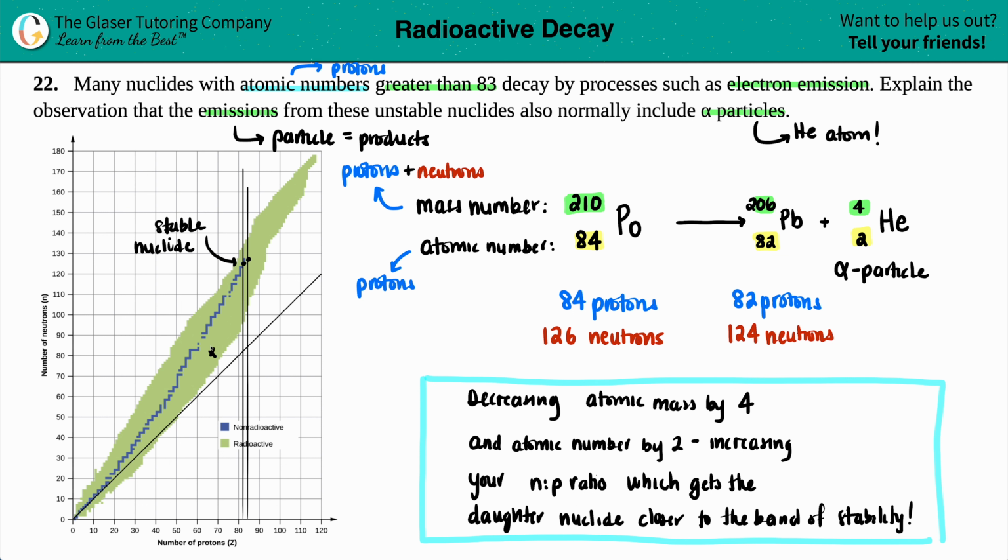So for something over here, alpha emission will always bring it up. I hope this makes sense. And then in other cases like ours, it will turn you into a stable nuclide anyway.